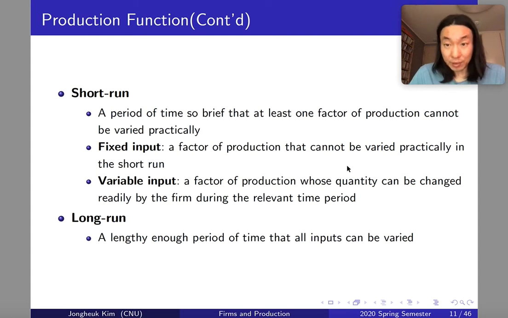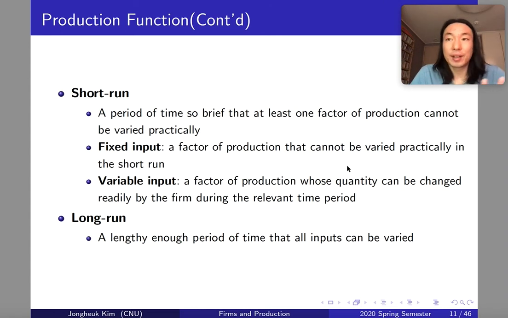It is a constant in the production function. A producer cannot control the fixed input in the short term. But in the long run, there is no fixed input anymore. All the inputs, such as labor, physical capital, or materials, are variables, not constants, in the long run.